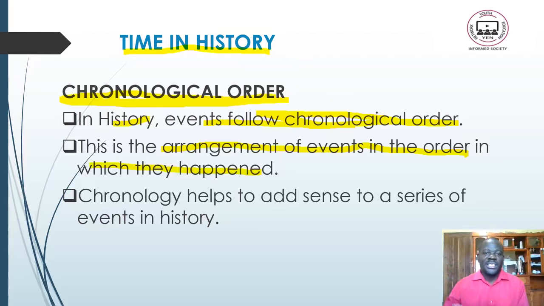Then we voted. Then after that, the results were announced. Then some parties were not happy with the results. Then they went to court. Then demonstrations followed. Then the court ruling followed. Things like those. So that is the sequence.